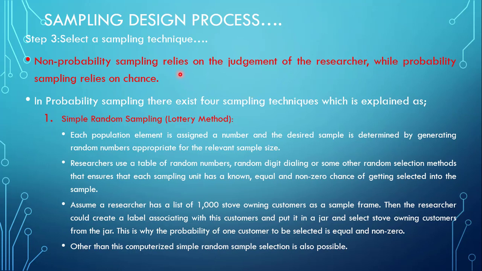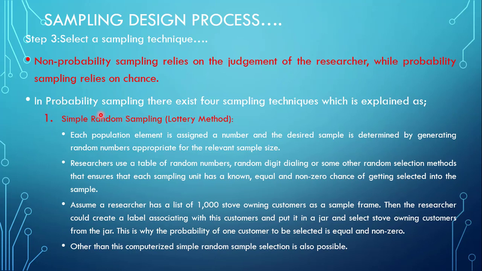But if you don't have the whole list of the sampling frame, then you are going to select non-probability sampling. So this is one major criterion for selecting non-probability and that of probability sampling. So saying that, let's discuss the techniques under probability sampling first, and we'll continue with the list under non-probability.